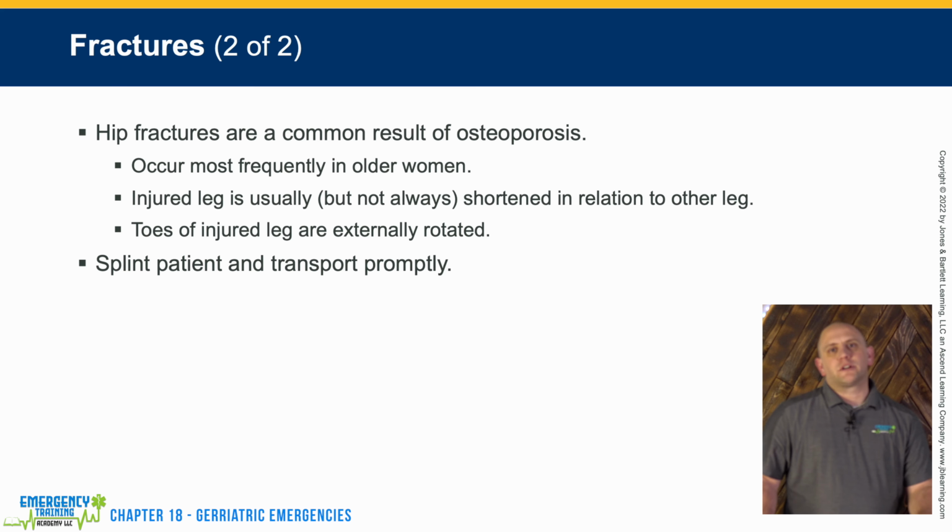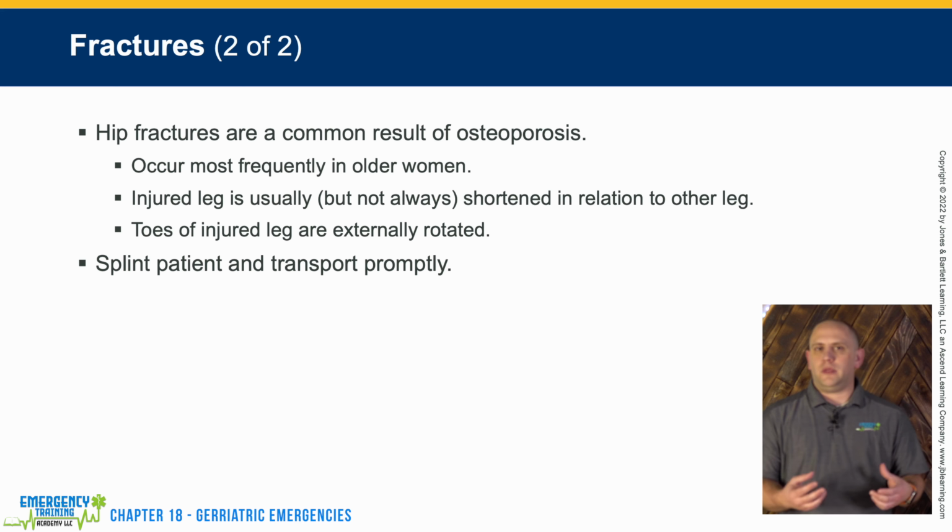As I said, hip fractures are very common, specifically in our elderly women. When we see our hip fractures, you might see an injured leg is shorter and sometimes rotated. If you see these things, it's a good indication of a hip fracture.